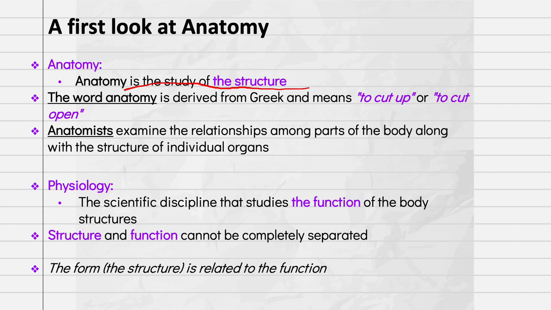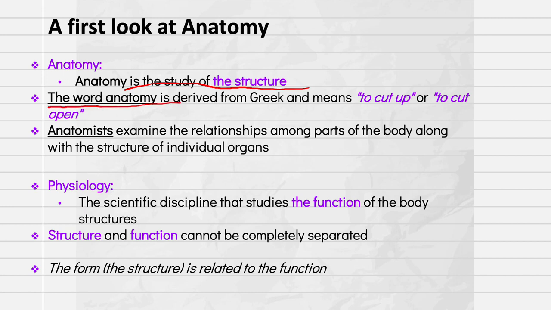For example, when we look at the systems, it comes under systemic anatomy. Whereas when we look at these structures under a microscope, it may come under histology. So these are all the branches of anatomy where we study the structure, especially of the human body.